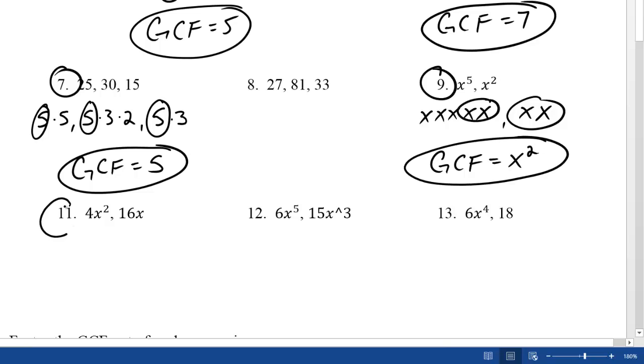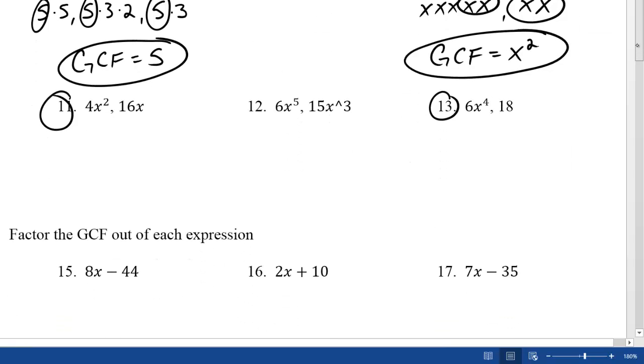Let's see, 11. Okay, so for number 11, we have 4x squared. 4 breaks up to 2 times 2. X squared breaks up to x times x.